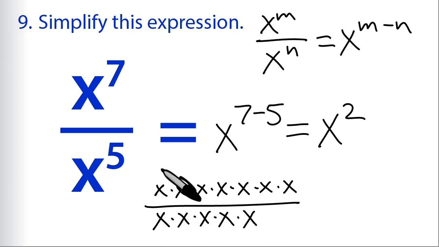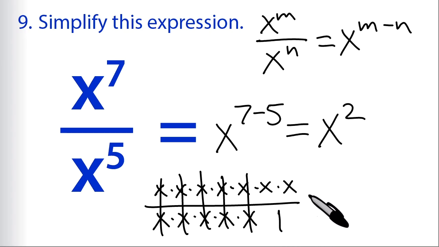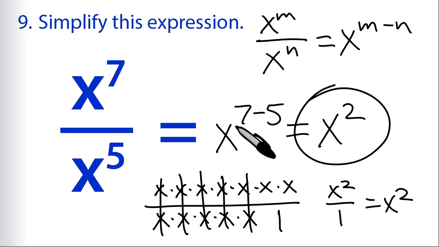And you can see that they form pairs of common factors that can be canceled out like this, leaving 2 x's on top, 2 x's being multiplied together, and then no x's on the bottom, but that means there's a 1 there because there's always a factor of 1. And so that's x squared over 1, which is x squared, which is what we got from subtracting the exponents.